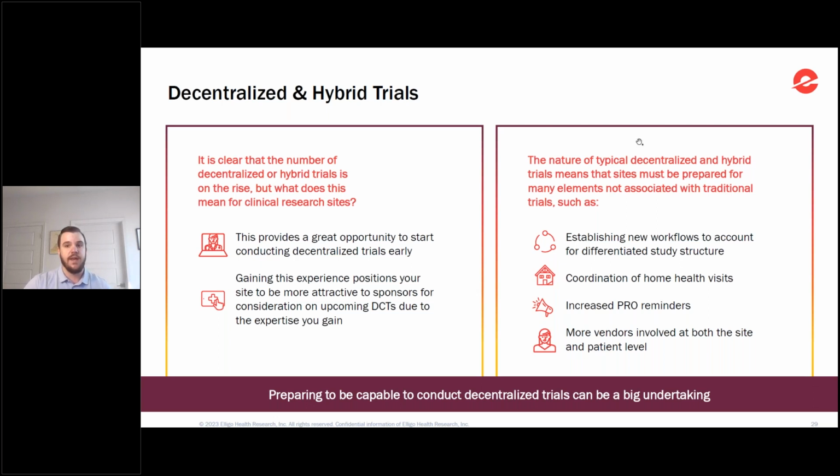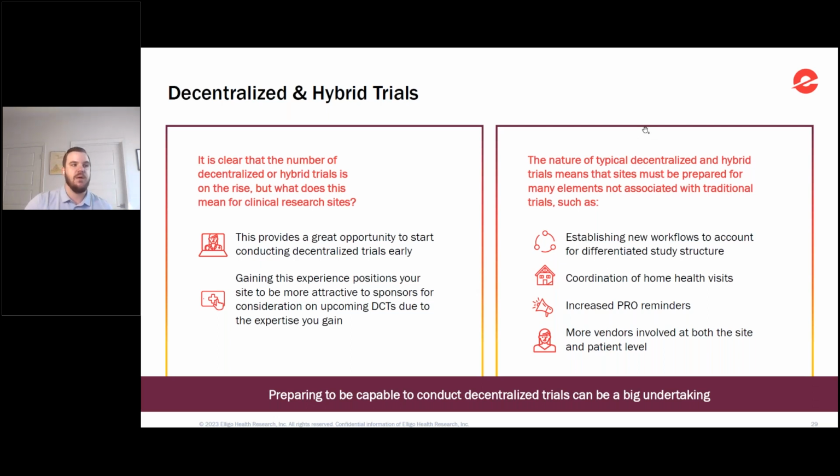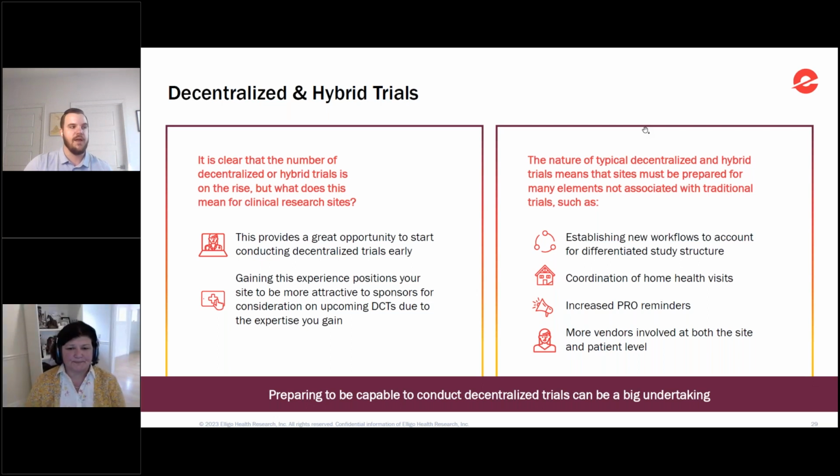But getting in early and having decentralized trials on your resume, or on your CV, I should say, will pay dividends down the road as they become more common, right? And you're applying for new ones. Another key point is that gaining experience, right, as I said, is going to position you to be more attractive as you're applying for other studies that have decentralized or hybrid trial elements.